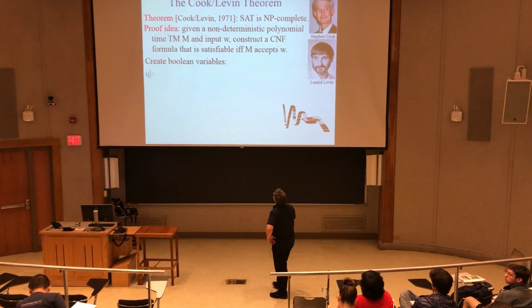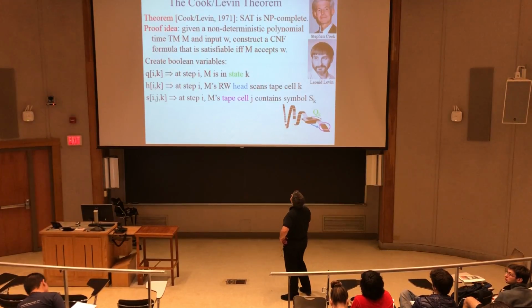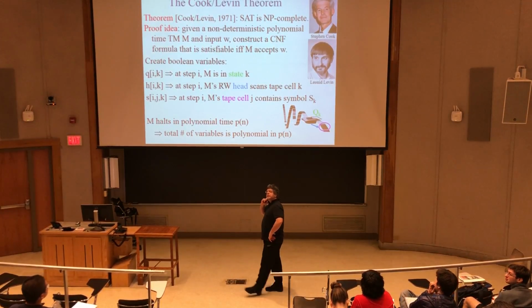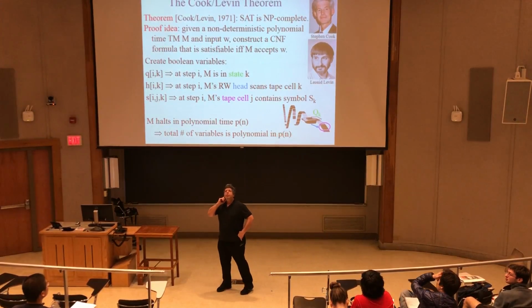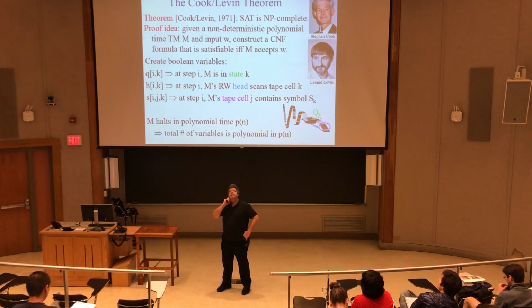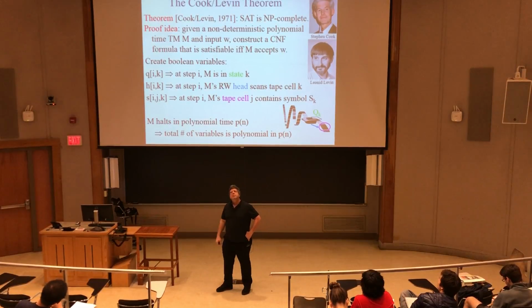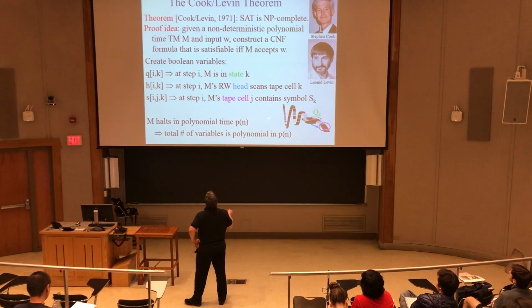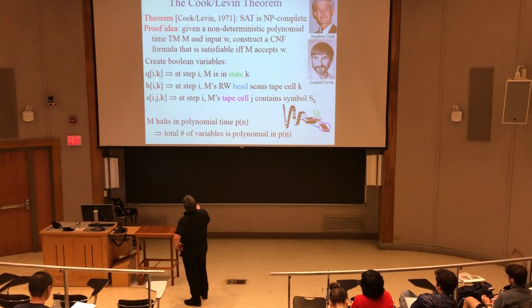So Cook's theorem basically maps every non-deterministic polynomial time computation to a Boolean formula that's satisfiable if and only if that computation accepts. Okay? And the way it does it, it takes an arbitrary Turing machine computation and models, using lots and lots and lots of Boolean variables, all the steps of the computation.